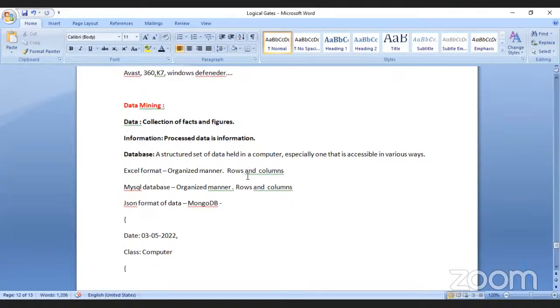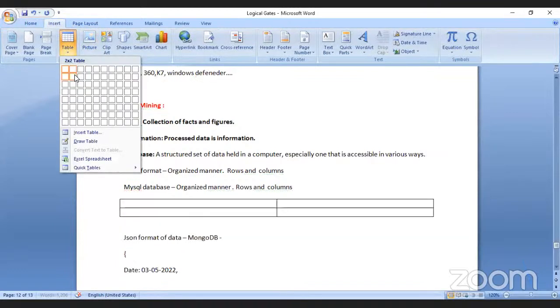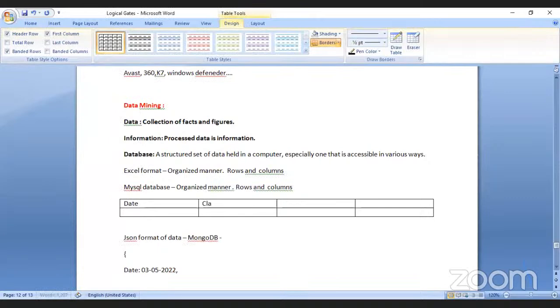If I want to represent the same information in MySQL, what do I have to do? I have to write date, class, computers, time 4 to 5.